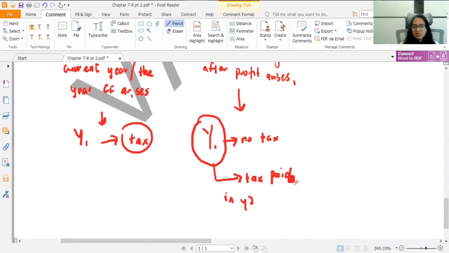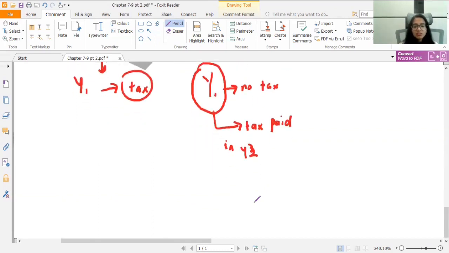That means in year one, your cash flow for the taxation row will be 0. But for year two, you will have a tax payment, and this value is year one cash flow multiplied by tax rate. You will put it in year two.